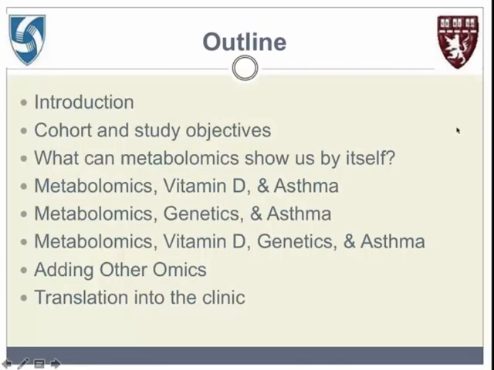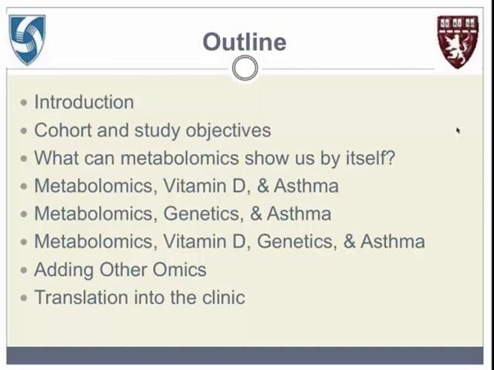So I'm going to first give a brief outline of my talk so that you'll know what's coming and you can know how to follow along. I'm first going to introduce metabolomics in the context of how I'm studying it. I'm also going to introduce the cohort that we are going to be discussing and the study objectives of the initial trials for that cohort. And then I'm going to ask some basic questions.